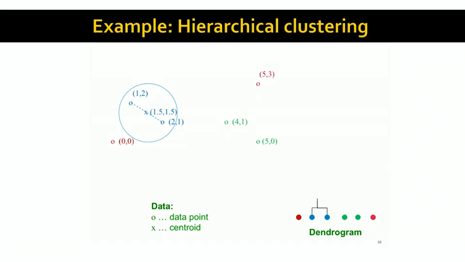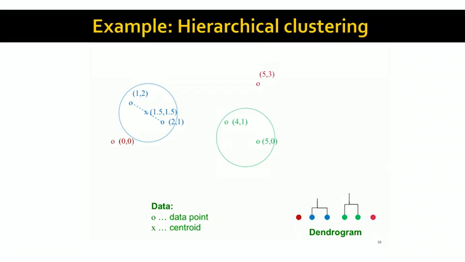Now we have 5 clusters. Remember, we started out with each data point as its own cluster, and we've combined 2 of the data points into a single cluster. So now we have 5 clusters. Now we need to find the nearest pair of clusters. And as it turns out, the nearest pair of clusters is the pair of points (4, 1) and (5, 0).